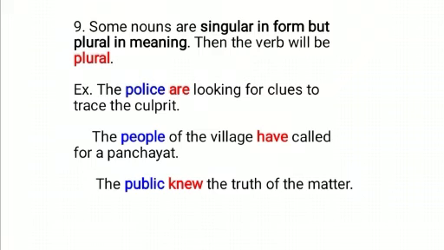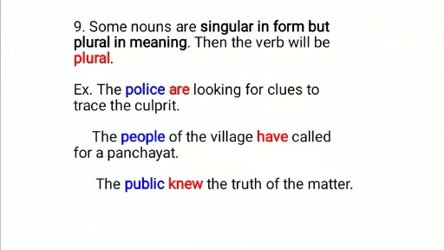Here police is a singular noun which is plural in meaning, so the verb should also be plural. Since the form is singular but the meaning is plural, we use a plural verb.